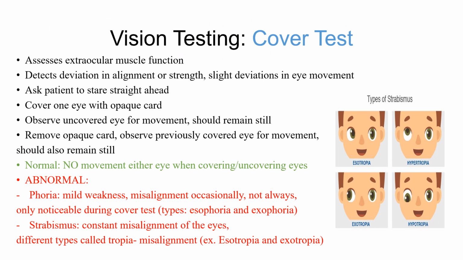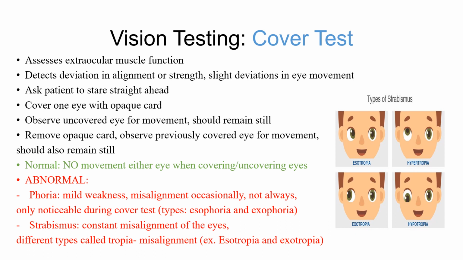In the cover and uncover test, we're assessing the extraocular muscle function. So we're looking at the deviation or difference in strength in the eye movement. So we're going to have the patient stare straight ahead, cover one eye, and we observe the uncovered eye for any movement.